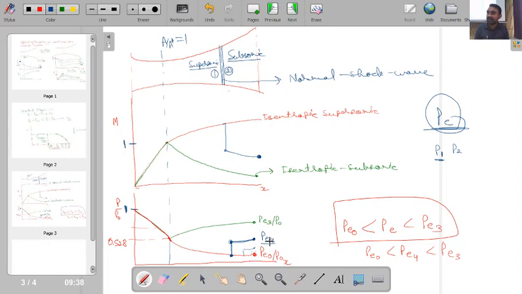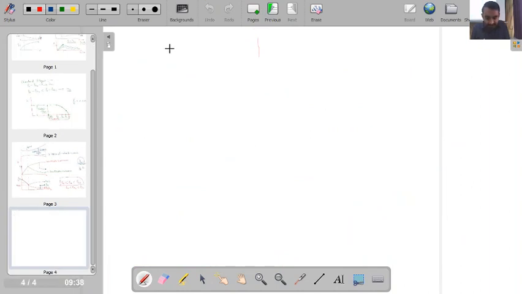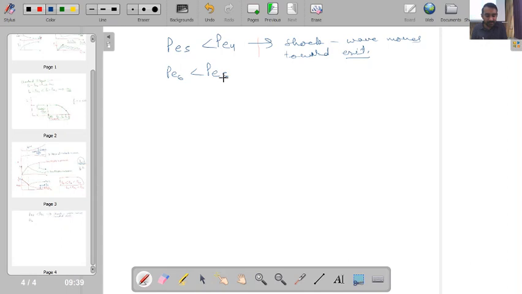So PE4 was the situation corresponding to occurrence of the normal shock wave over here. If I decrease the pressure to PE5, which is less than PE4, then I will be finding that the shock wave moves toward the exit. If I further decrease the pressure to PE6, which is less than PE5, then it will further move toward the exit.